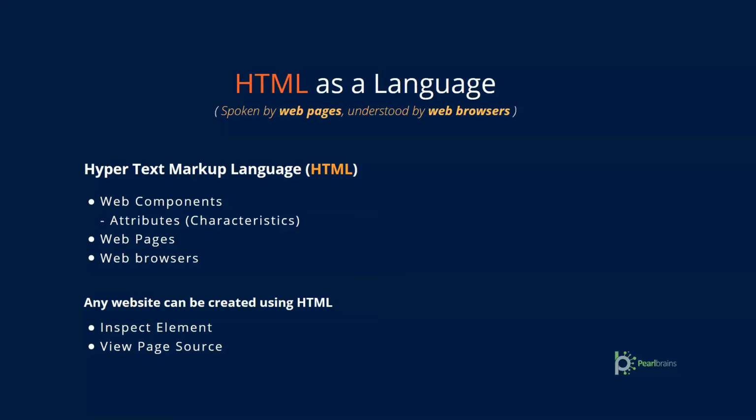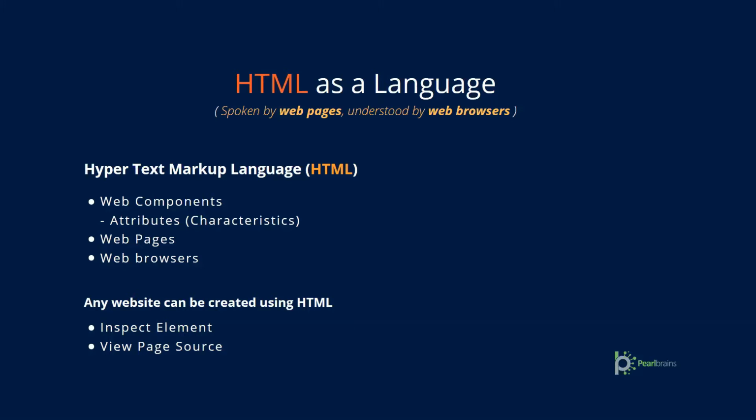So any language has speakers, and when you speak, there is someone who listens and then understands the language. So the HTML language is spoken by web pages, or whatever you see when you're looking at a website, and then it's understood by the web browser, for example, Mozilla Firefox, Google Chrome, Internet Explorer, Opera.